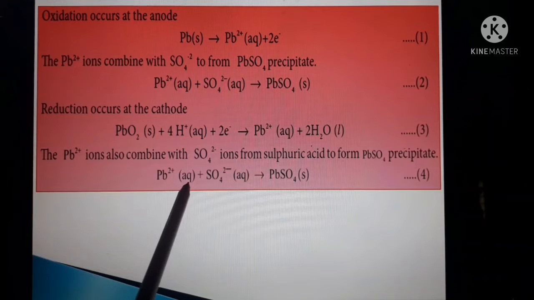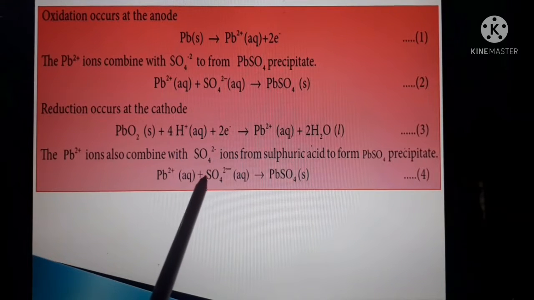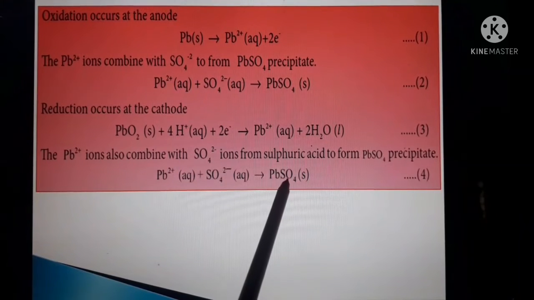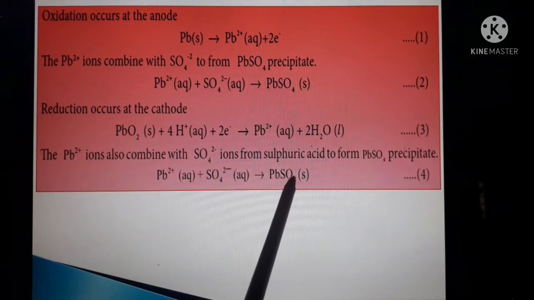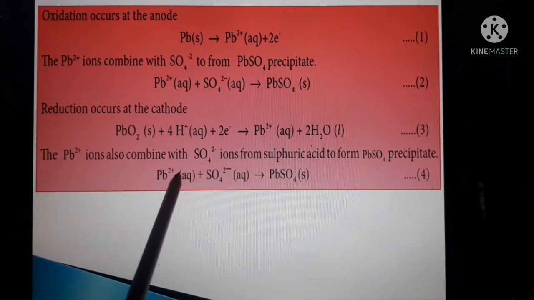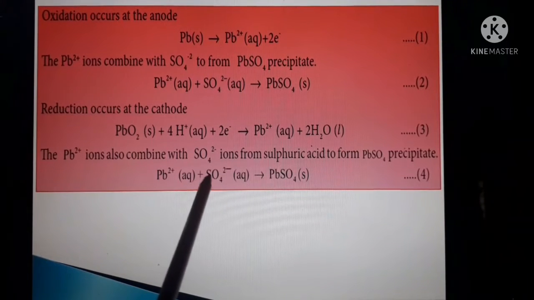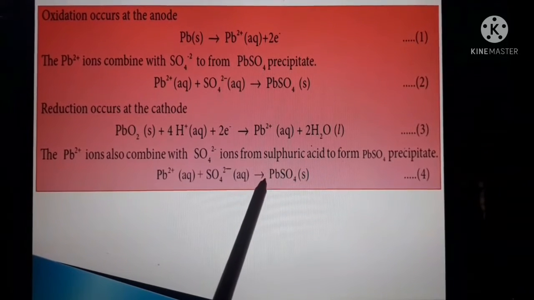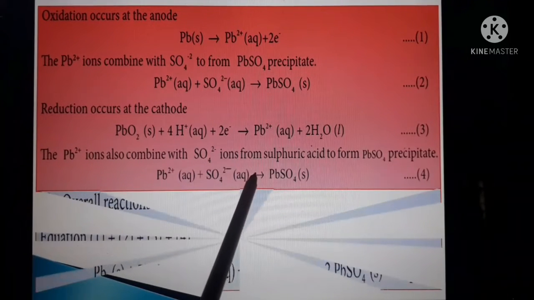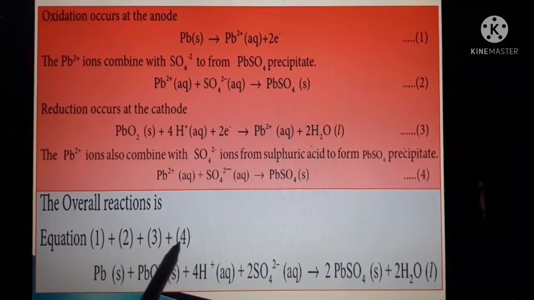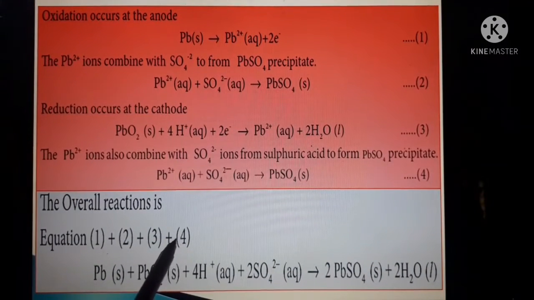The lead 2 plus ion combines with sulfate ion to form lead sulfate. This is the precipitate. Okay, lead ion and sulfate ion forming lead sulfate. Overall reaction: the 4 reactions are added.